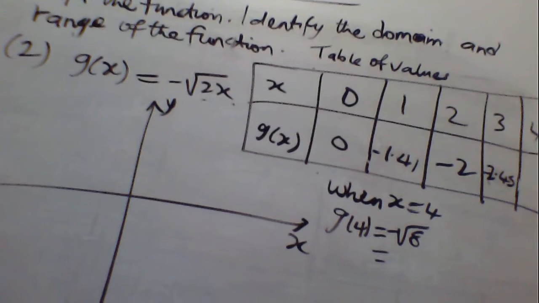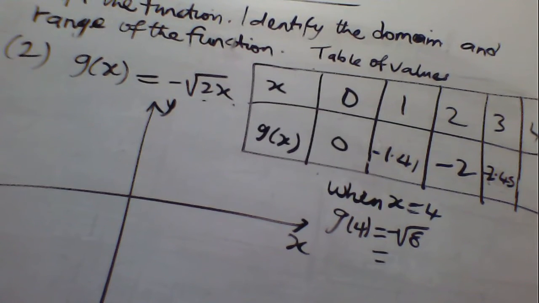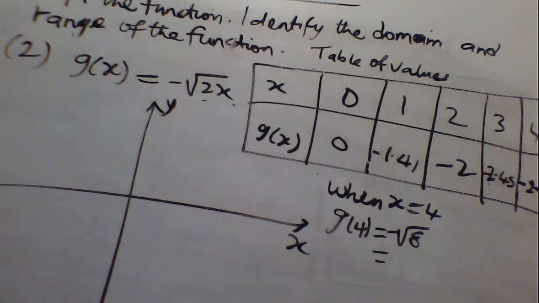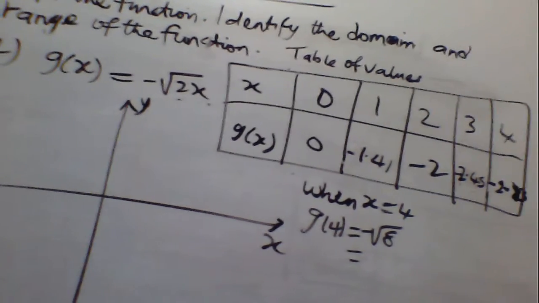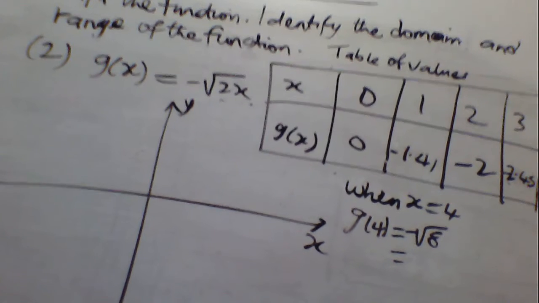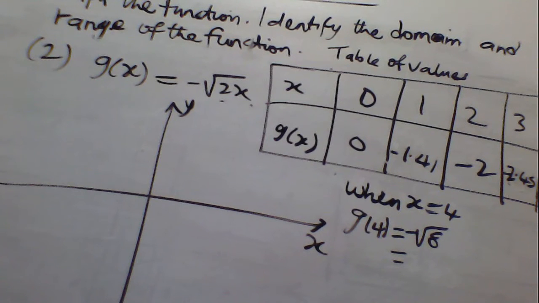So check what root 8 is. That will give us minus 2.83. With this we can now plot the graph.